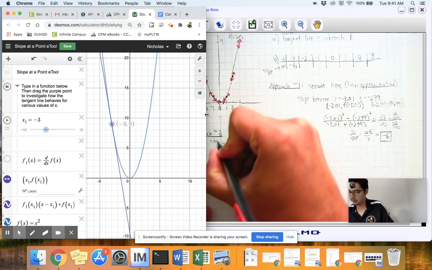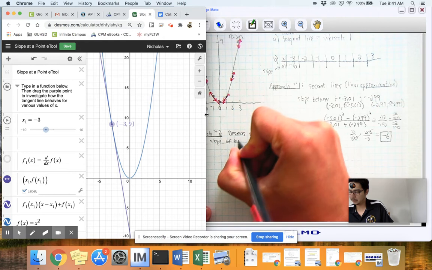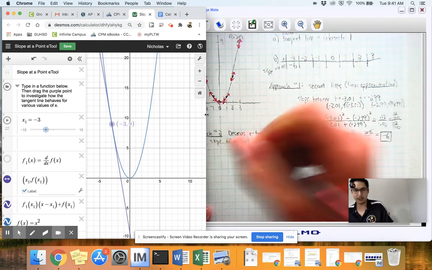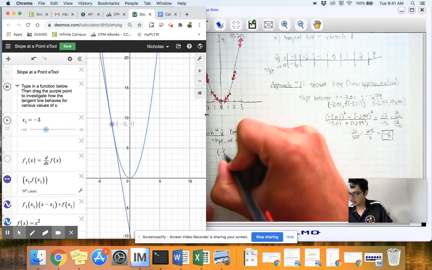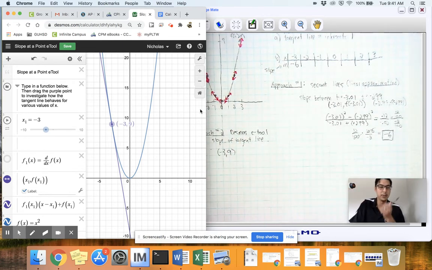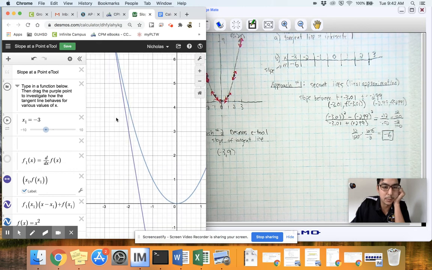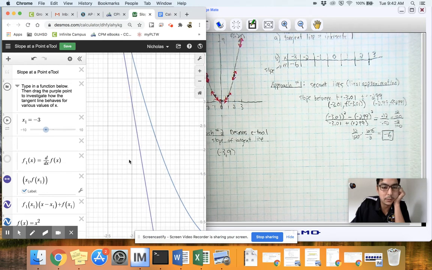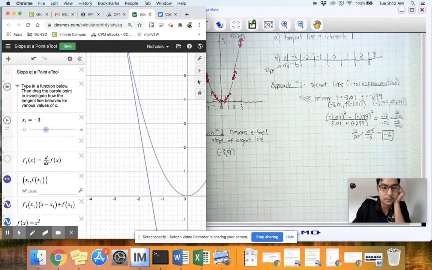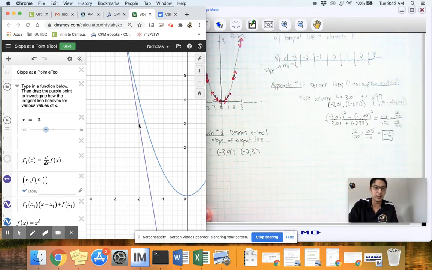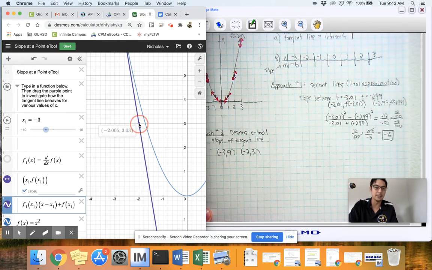And remember, for slopes, you need 2 points. So we have the point -3, 9. And then we need another point, so let's zoom in at -2 and see this purple line at -2, might have zoomed in too far, is at 3. So then we also have the point -2, 3. If I click that, does it show? Oh yeah, it does, see.